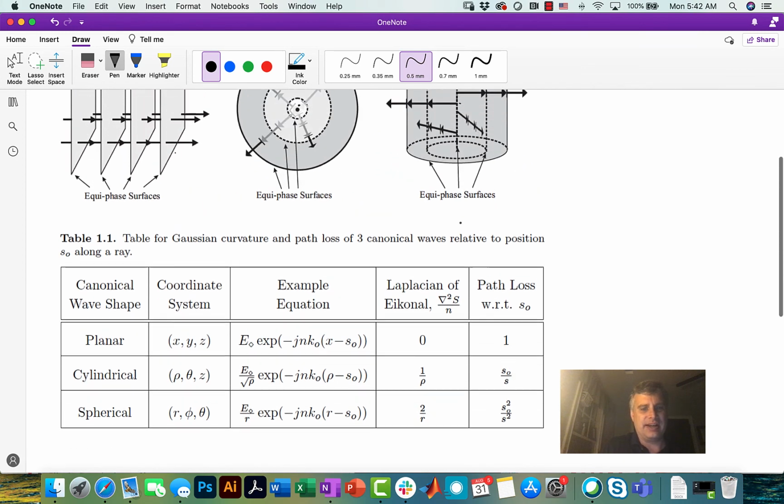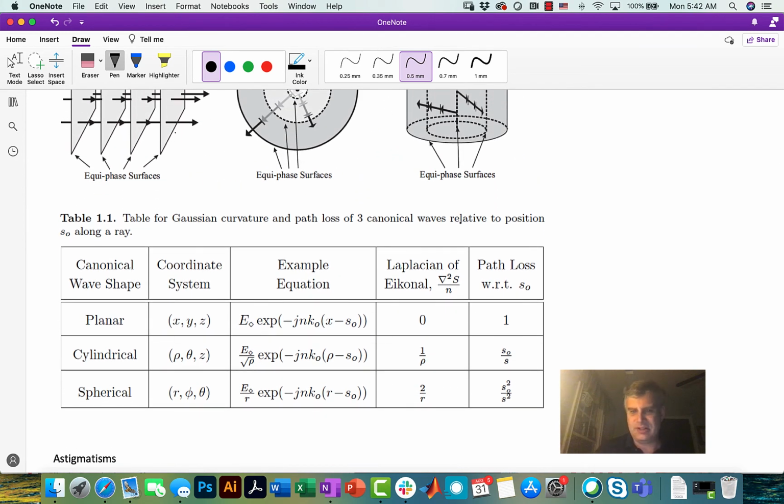And if we actually look and calculate Gaussian curvatures, ask ourselves, what is the Laplacian of S over the index of refraction, that Gaussian curvature term in our equations? Well, for the plane wave, it's going to be 0. S is a plane, and when I take the Laplacian of that, I get 0, which means I start out with a certain field amplitude, and I advance in space from a starting point, S naught, in a particular direction.